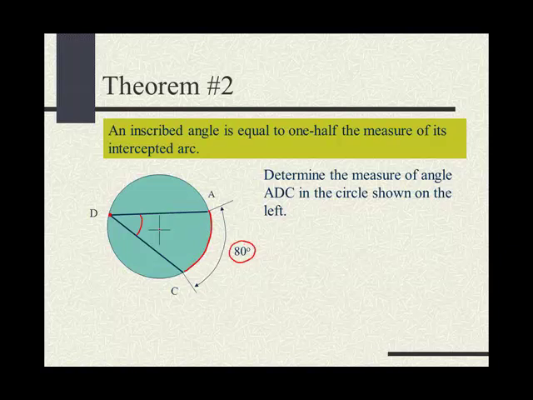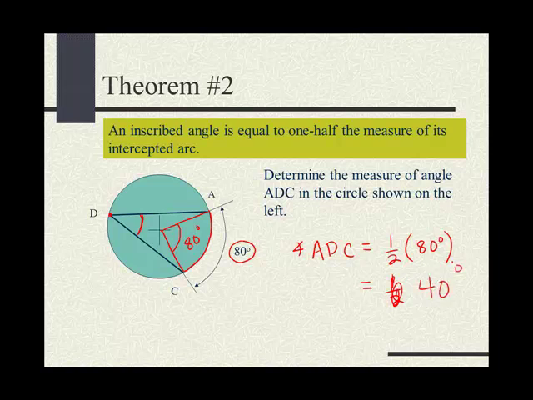When it's given as an 80-degree arc, that means the central angle that intercepts that same arc actually measures 80 degrees. You can see that the angle ADC is not going to be nearly as big as that 80-degree angle. In fact, it's going to be exactly half of it. So applying this theorem, we can say that angle ADC is equal to 1/2 of 80 degrees, which is 40 degrees.